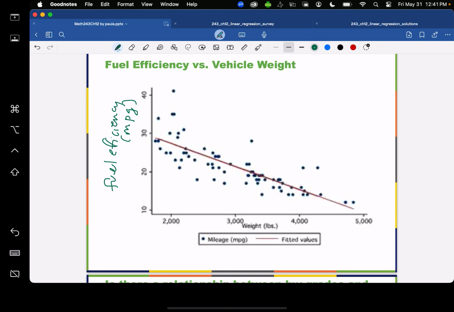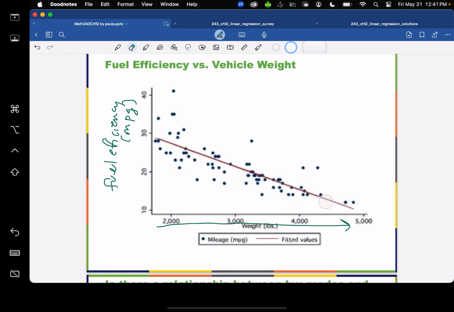And what we can see here in this graph, you might be like, duh, this is obvious, but as the vehicle weight increases, as you travel along in this direction, we see that the points overall get lower, which means as vehicle weight increases, fuel efficiency decreases. We have a scattering of dots that are generally trending downwards, and then we have a best fit line over that.